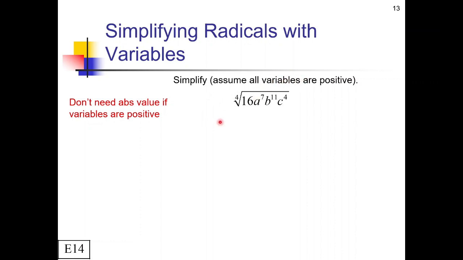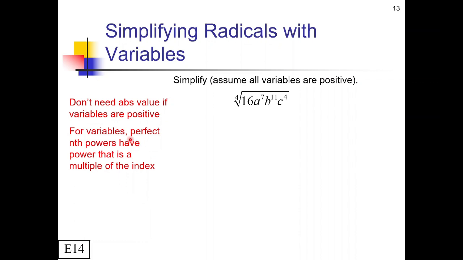Now the other thing that's going on here is you'll notice that if you were to take the fourth root of, for example, a to the 7th, 7 divided by 4, that doesn't come out evenly. So how are we going to put something like that in simplest radical form? So we're going to follow our pattern of breaking things into the biggest perfect power times something else.